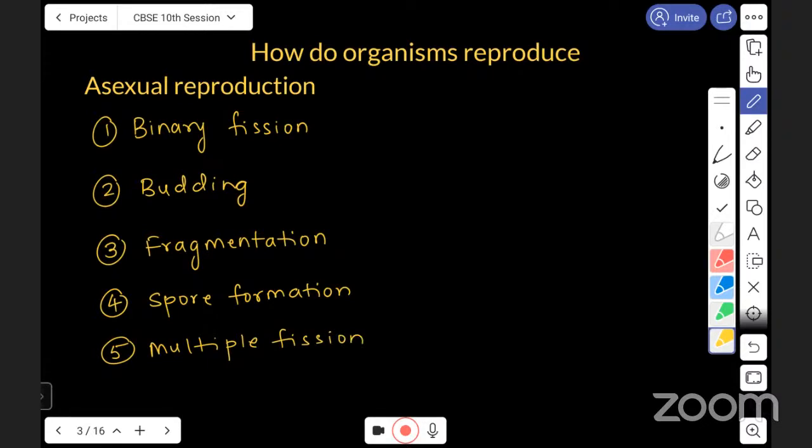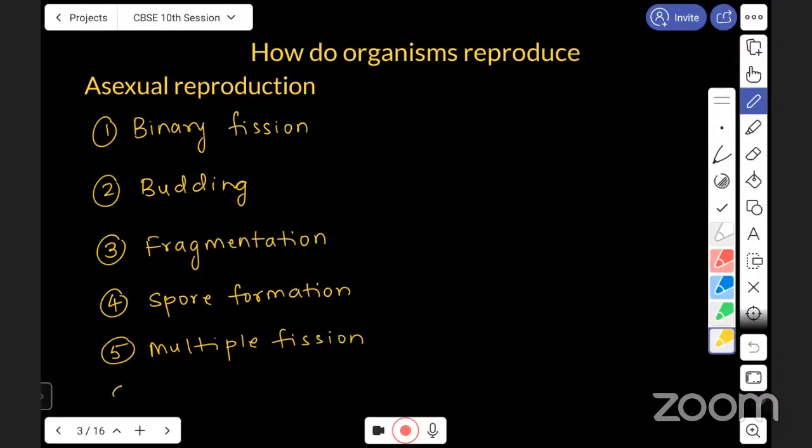Malaria is caused by a protozoan called Plasmodium, and this Plasmodium reproduces by forming multiple cells at a time. See, in binary fission only 2 daughter cells are formed, right? What will happen in multiple fission? Multiple daughter cells are produced simultaneously, and hence it's the example of multiple fission, Plasmodium, right?